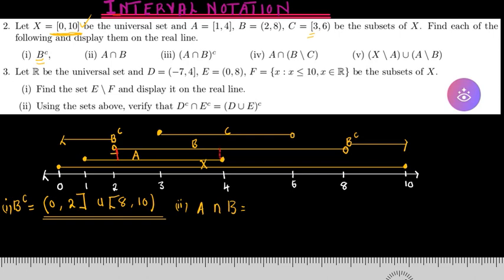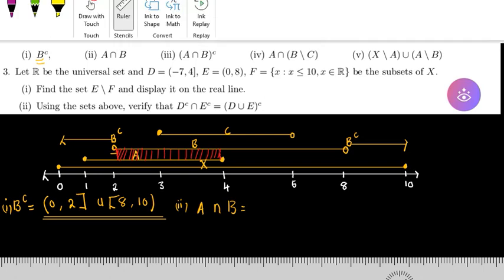So this area, this particular area, this is where A and B are intersecting. So in this case, 2 wasn't included in B, but 2 is included in A. 4 is both in A and in B. So in this case, how we are going to write this one is like this.